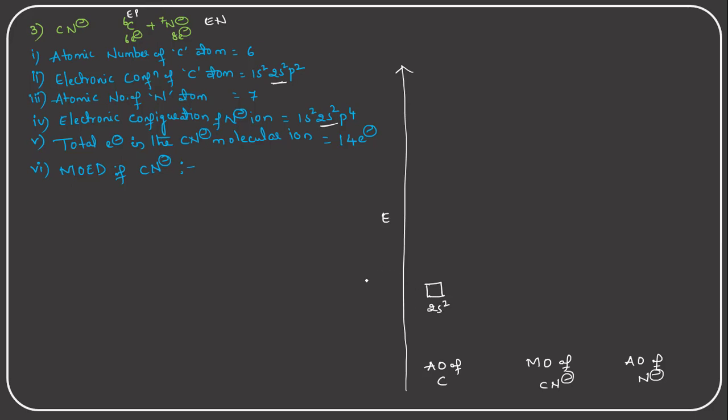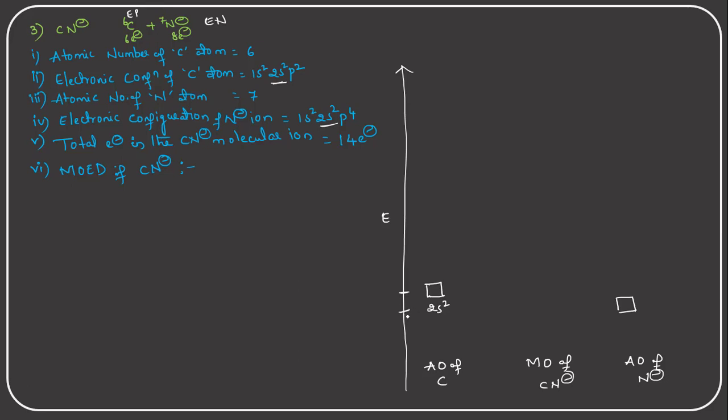This is the pure atomic orbital of carbon, the 2s2, and it has some energy level here, okay, and this is merging with the 2s2 atomic orbital of the nitrogen minus ion, which has slightly less energy than the atomic orbital of carbon.